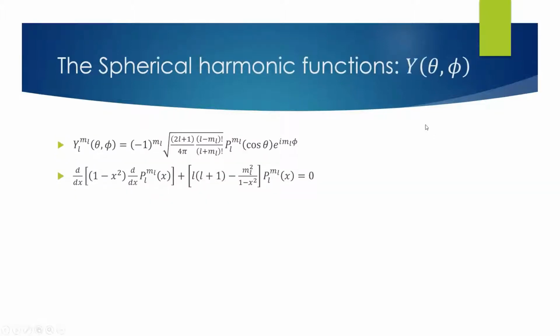So the formula for the spherical harmonic functions: the symbol we give them is Y, and they are dependent on 2 quantum numbers, L and M sub L, because there are 2 dimensions in play for rotation. Now, the first part of this equation, just like the first part of our harmonic oscillator equation, is a normalization constant, albeit this one is much more complicated than for the harmonic oscillator.